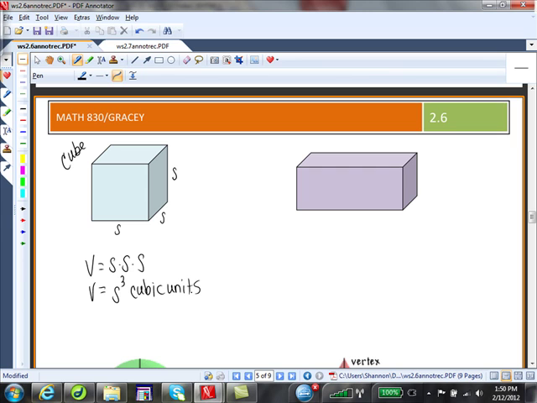Now here we have a height measure, a length measure, and a width measure. So it's just like the area of a rectangle times its height, right? This is considered a rectangular solid. So the volume for this one is length times width times height, and again that's in cubic units.